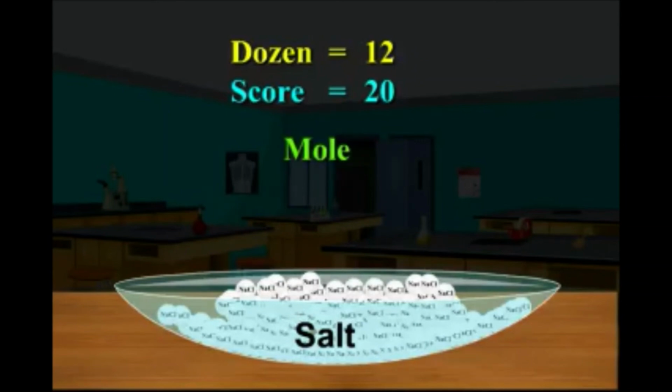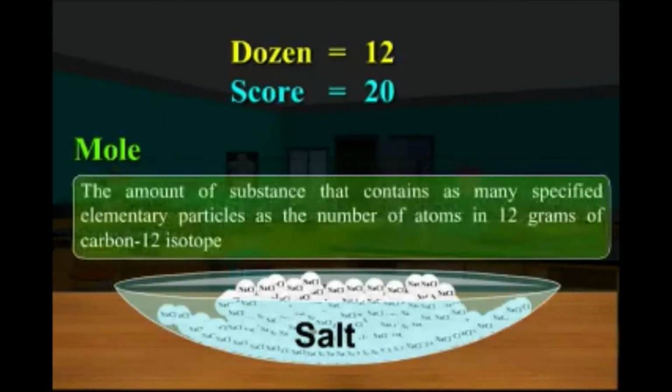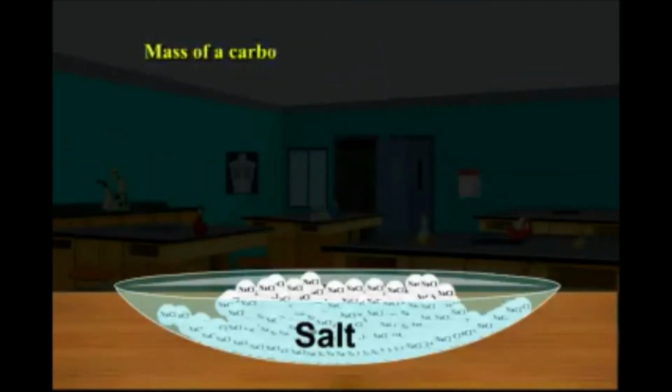Let us define 1 mole. The amount of substance that contains as many specified elementary particles as the number of atoms in 12 grams of carbon-12 isotope, right? Now, the mass of a carbon-12 atom as determined by a mass spectrometer is 1.99 into 10 raised to the power minus 23 grams.